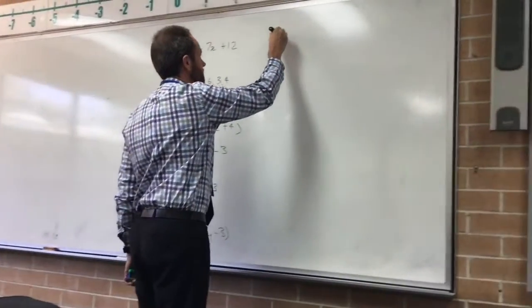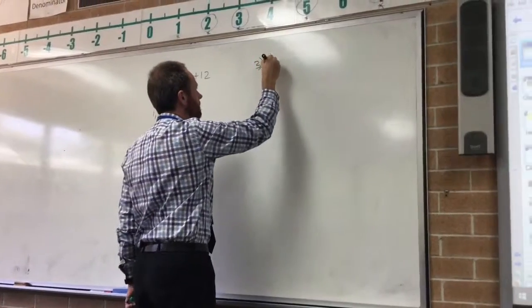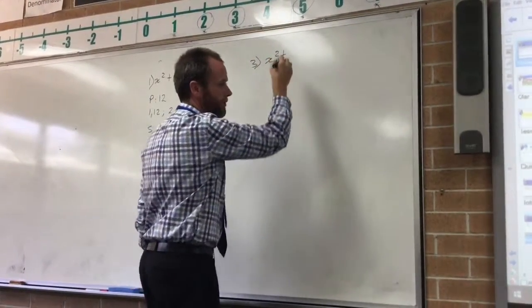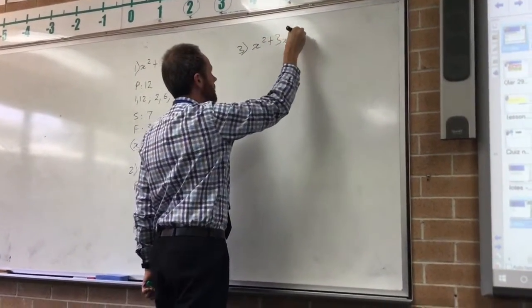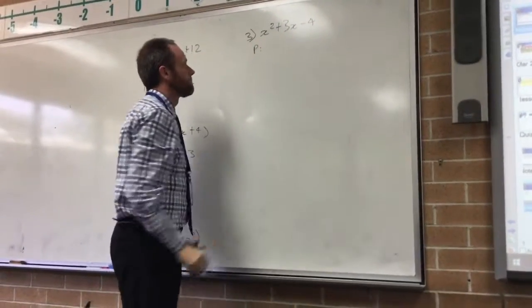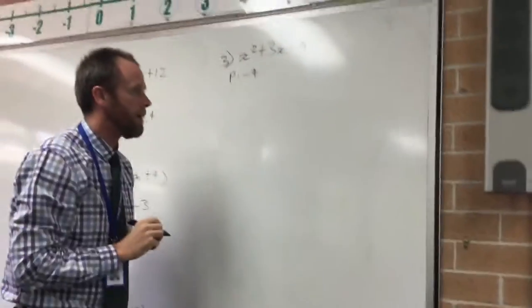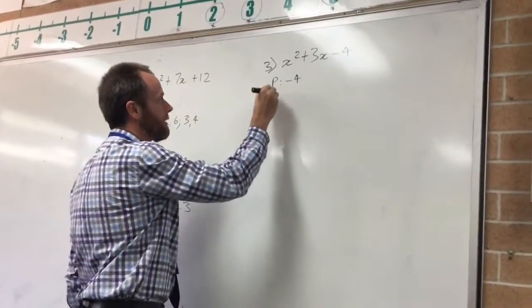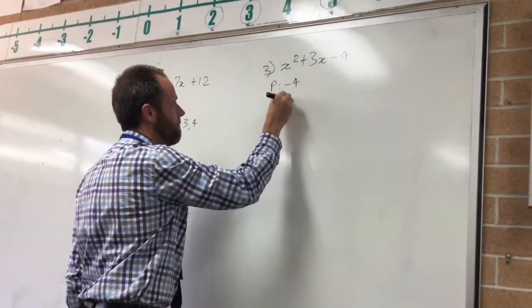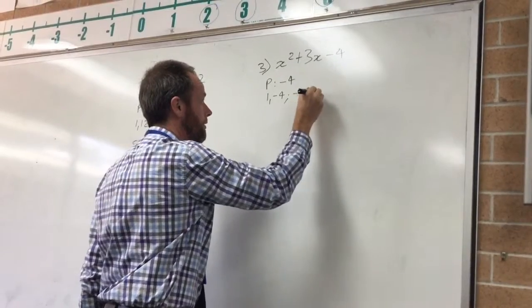Let's keep going. Example 3: x squared plus 3x minus 4. My product is the minus 4. Notice the minus again. So this time, as I rewrite it, I've got the factors of 1 and minus 4, and the factors of minus 1 and 4.